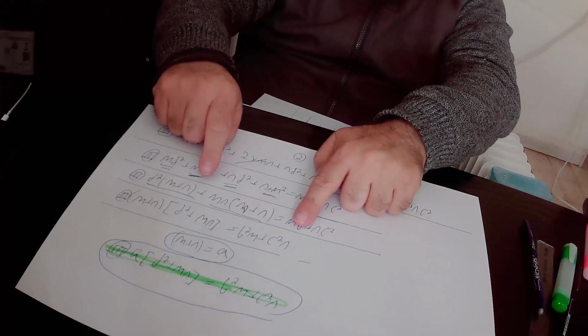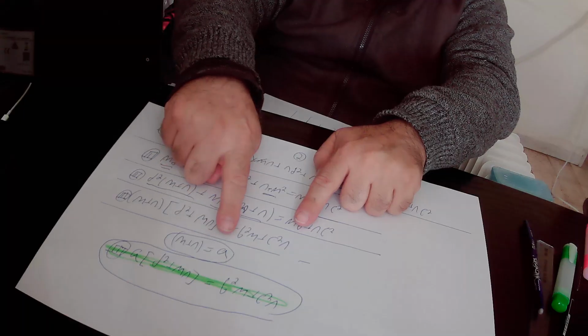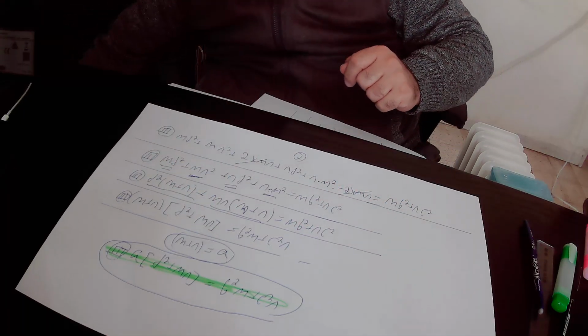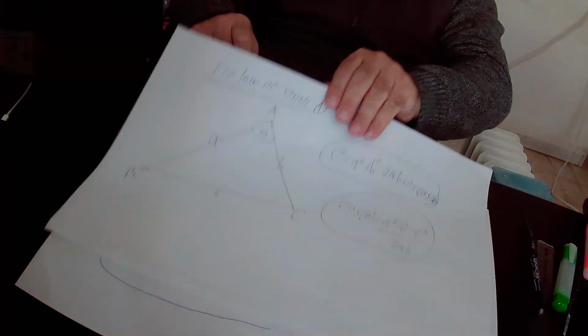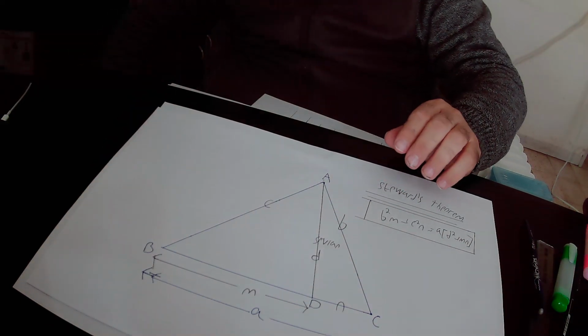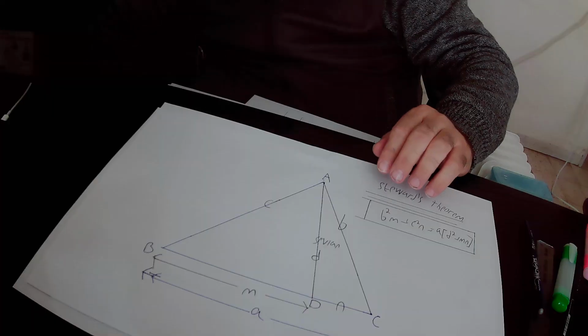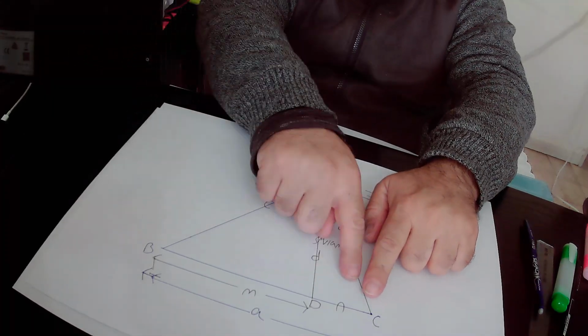It is very easy to see in the drawing that m plus n equals a. Here, m plus n on one side, BC equals m plus n.